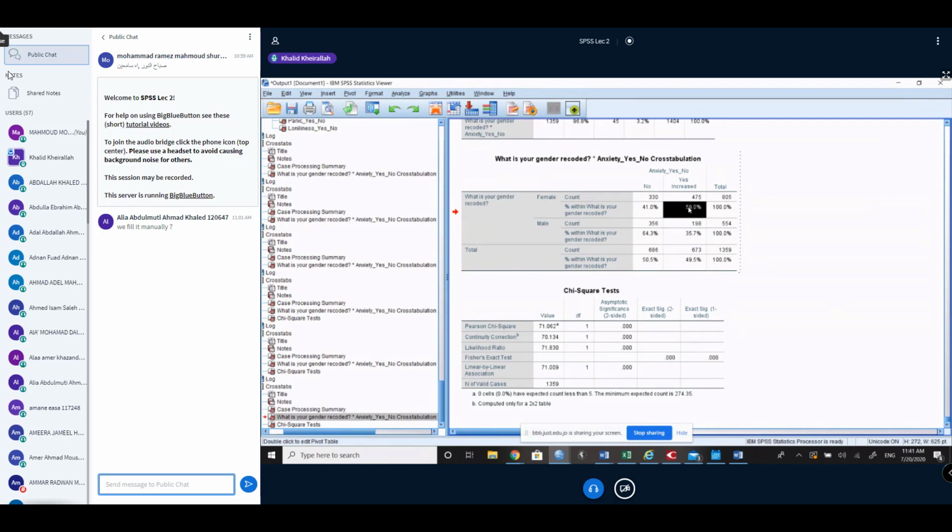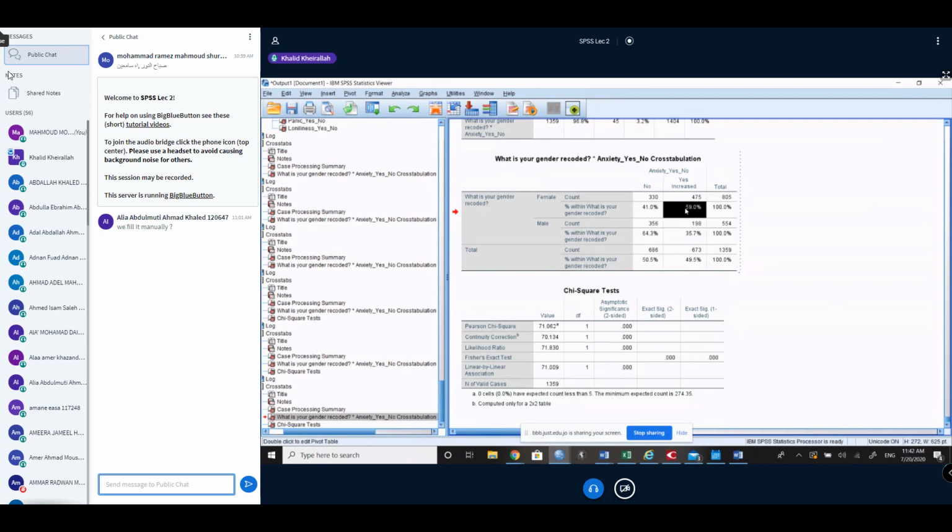And the small difference that you see in the numeric values, the difference between 59 and 35, is just because you are taking a sample, and by taking a sample you're not actually measuring the population, and the small difference that you see is just due to chance. This is the null hypothesis. So the null hypothesis says that anxiety level among males is equal to anxiety level among females. The differences are not real, they're due to chance, they're not significant.